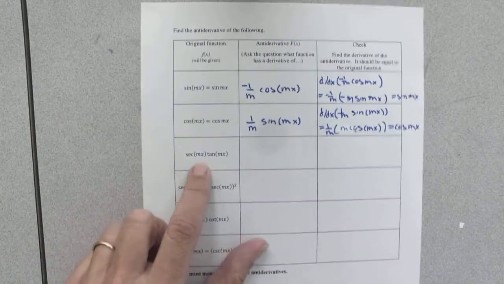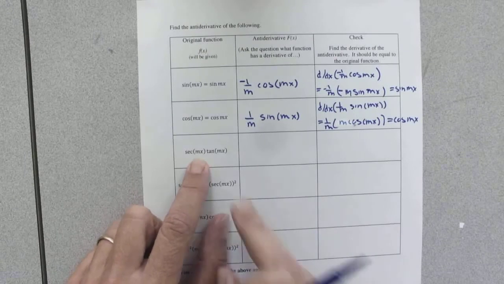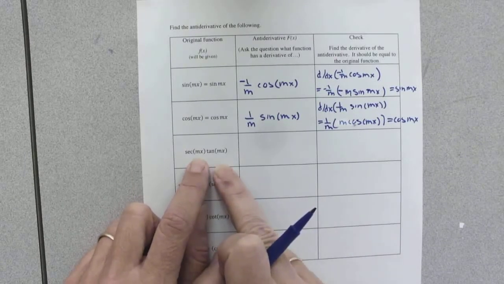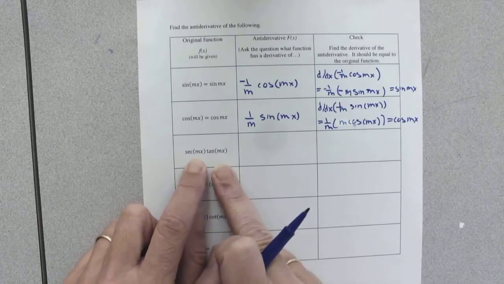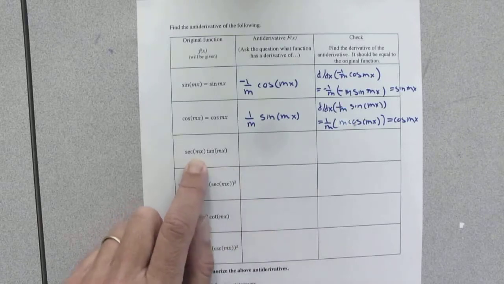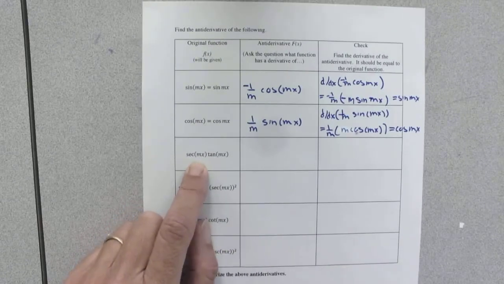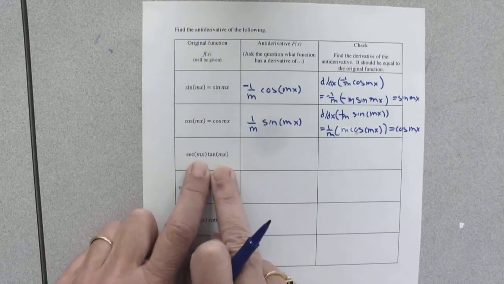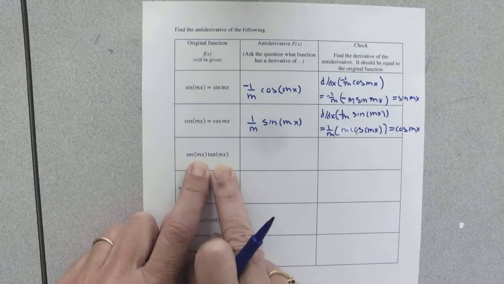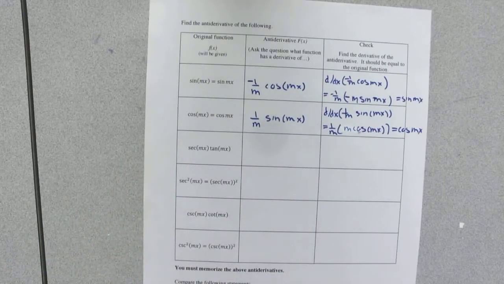So the effect of, again, linear arguments, linear. Not x squared, not x cubed, not square root of x. Linear, mx. And even if it was mx plus b, when we have linear arguments here, linear angles, if you will, the effect of that slope when I anti-differentiate will be to divide by it.